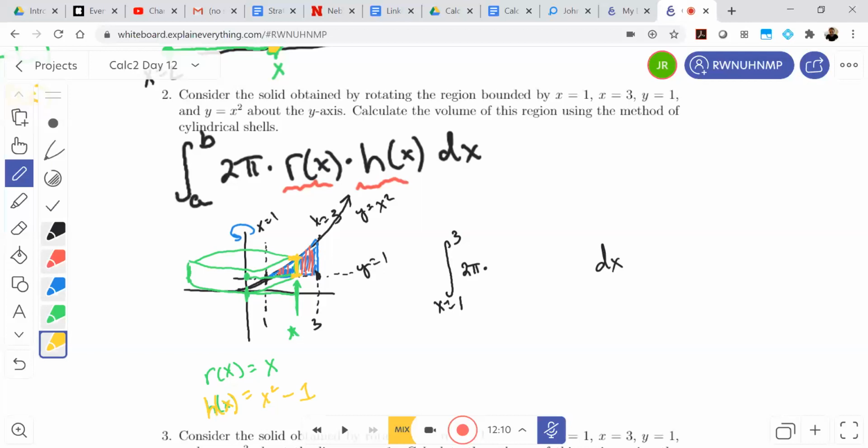So this distance, this physical vertical distance, is just x squared minus 1. And then our formula, we end up with 2 pi times the radius times x squared minus 1.